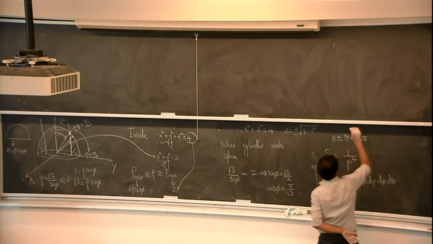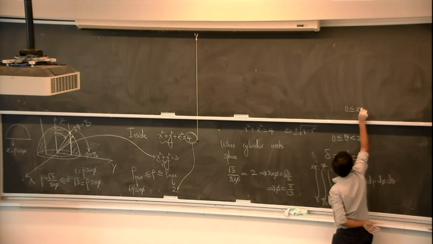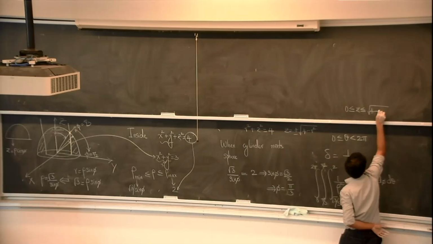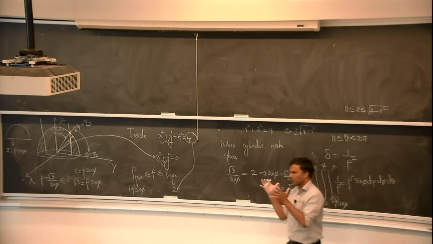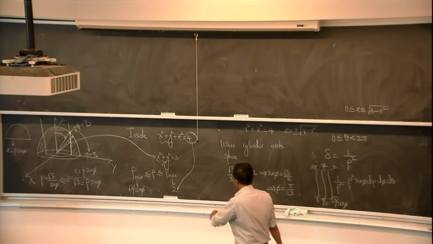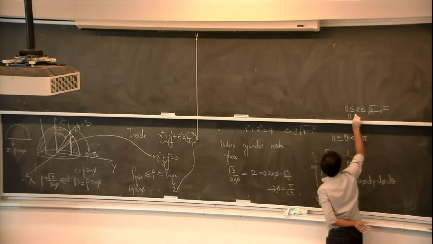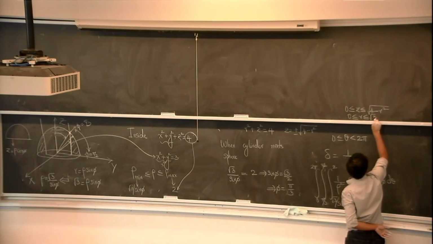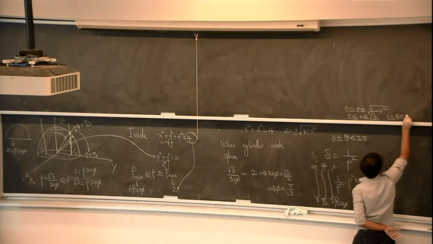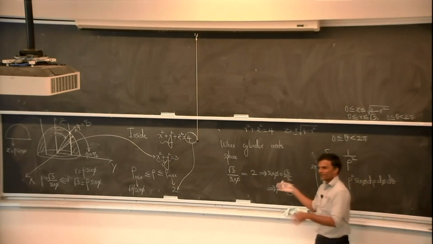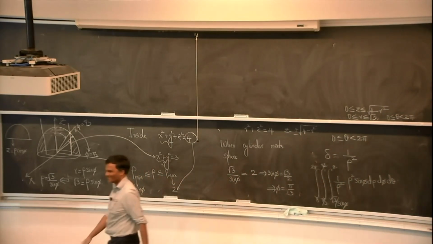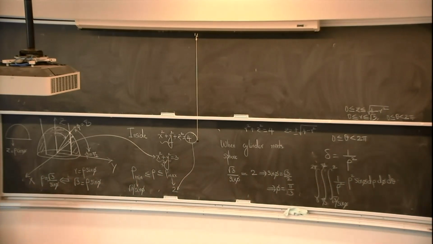So it'll be 0 less than or equal to z less than or equal to square root of 4 minus r square. That will be the height of the solid. And then the radius and the angle would come from the cylinder. So root 3 less than or equal to r less than or equal to 2. All this hassle was created by that density term. Yeah. And you don't want to deal with the density in cylindrical coordinates.